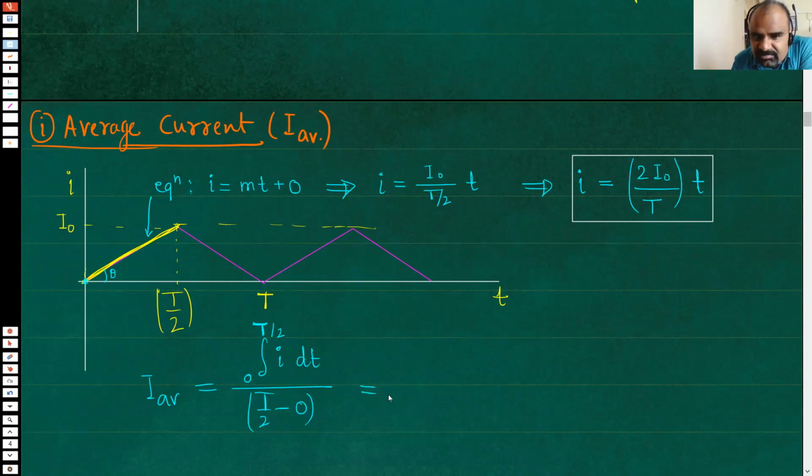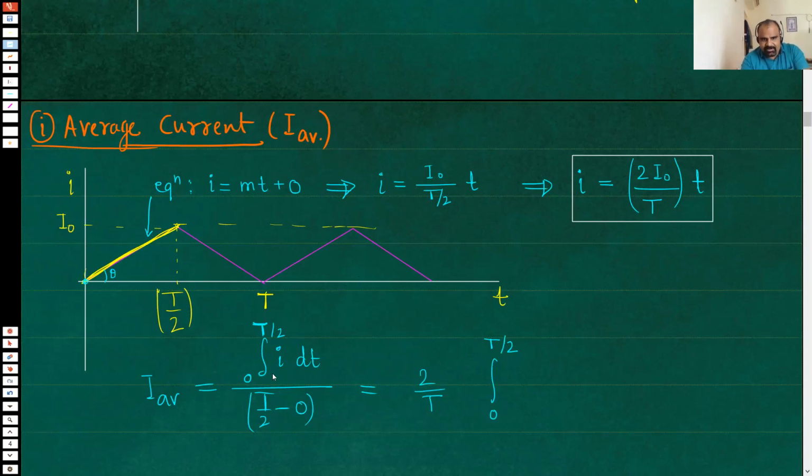You see, there was no need of it. Average, we can directly guess that it will be right in the middle. Or you can find this total area using the area formula, half into base into height and divided by the time interval. But I am doing it with a mathematical way so that you become more comfortable. Okay.